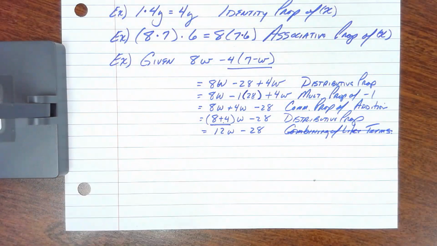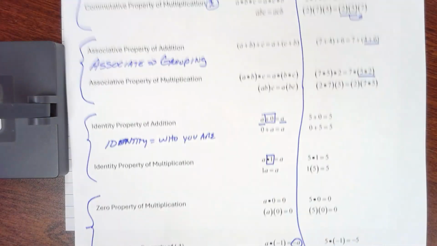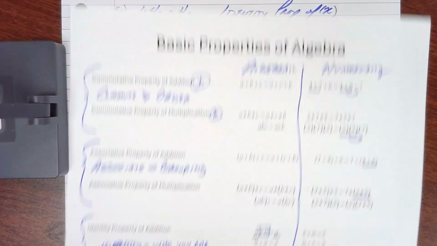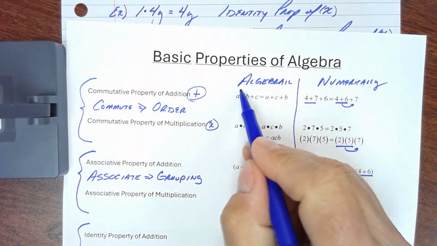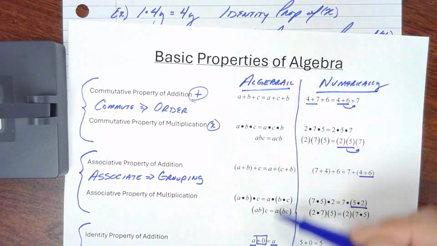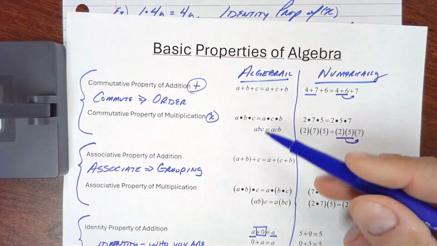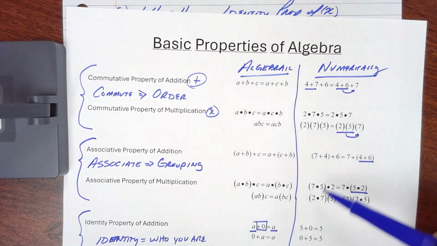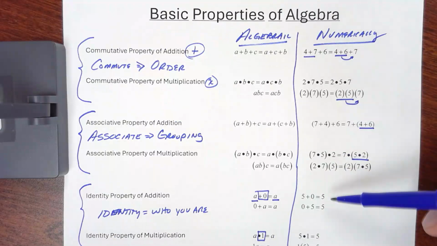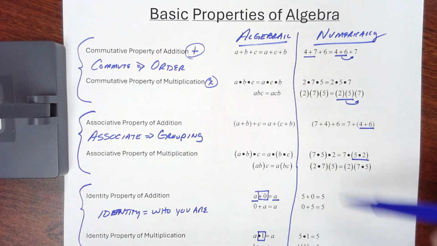Okay? But you will have to take these properties and be able to identify them, as I said, both algebraically and numerically. There's not a lot of different numbers I can put in here for the algebraic part. I can switch some things out numerically, but I'm not here to trick you.